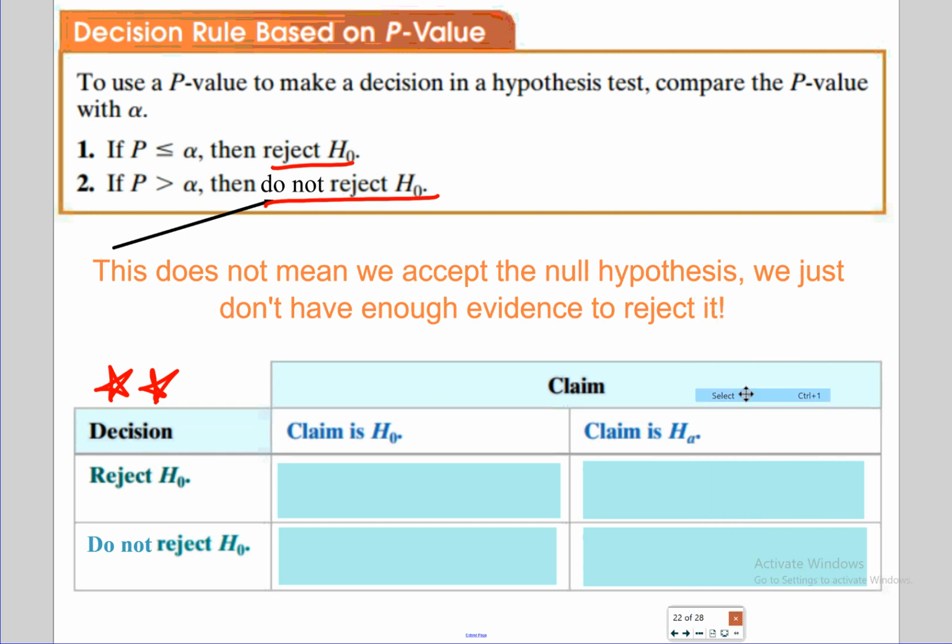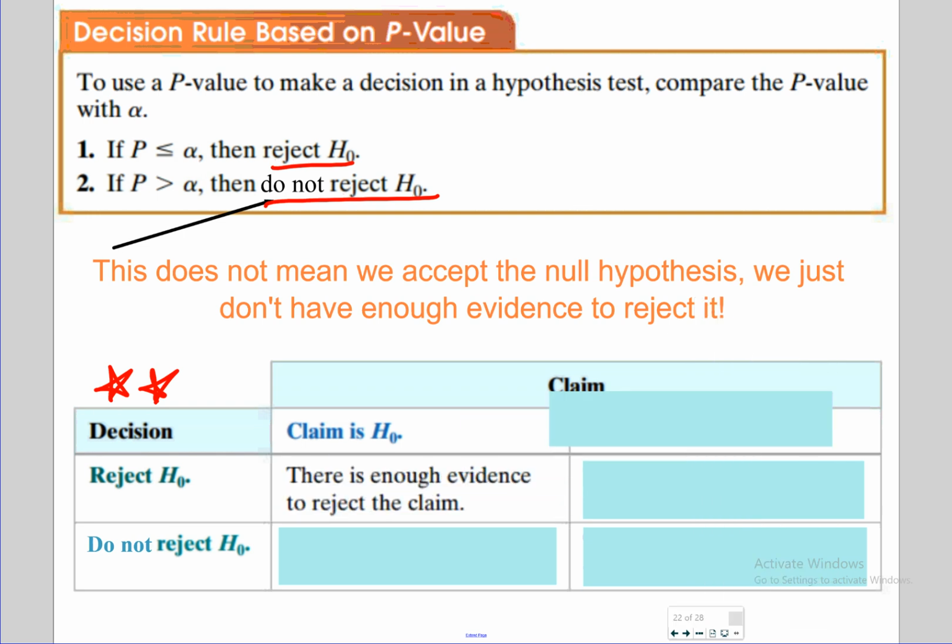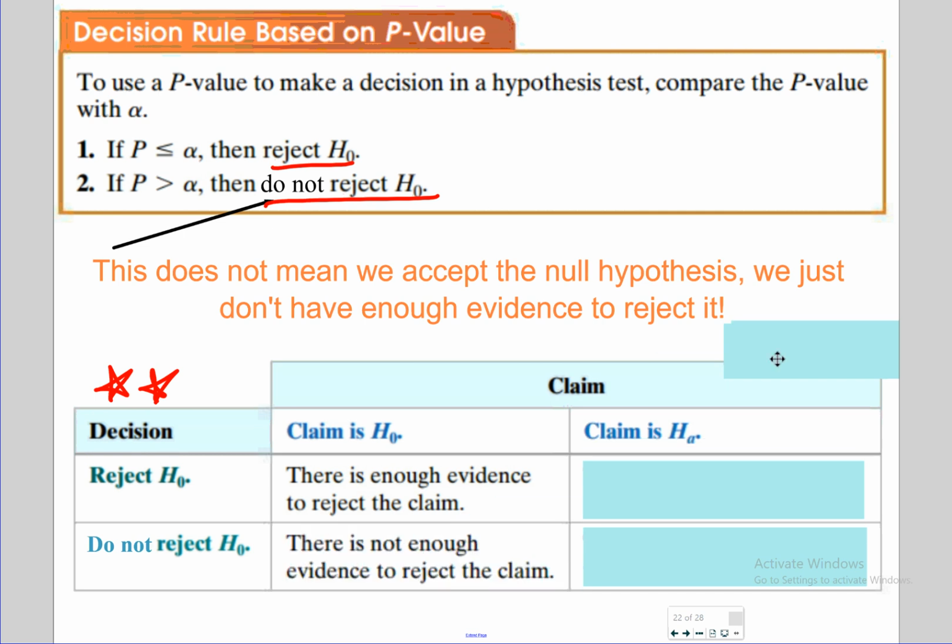Okay, so let's say our claim is the null hypothesis and we choose to reject it. Your summary statement would be that there is enough evidence to reject the claim. Write this down word for word. There is enough evidence to reject the claim. If your claim is the null and you do not reject, we say there is not enough evidence to reject the claim.